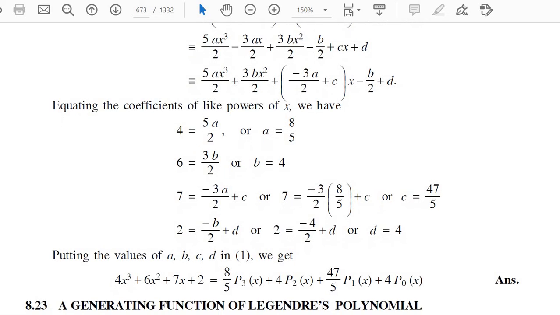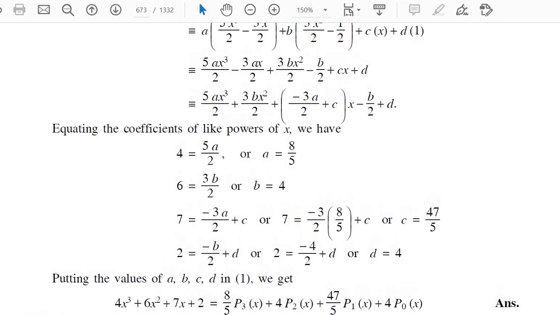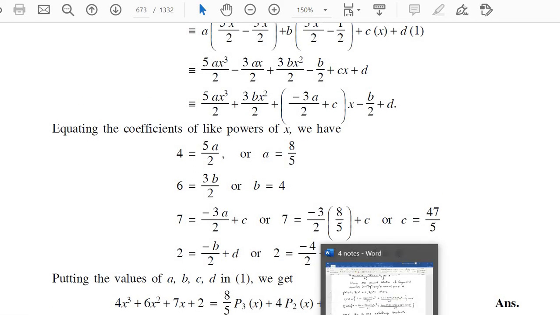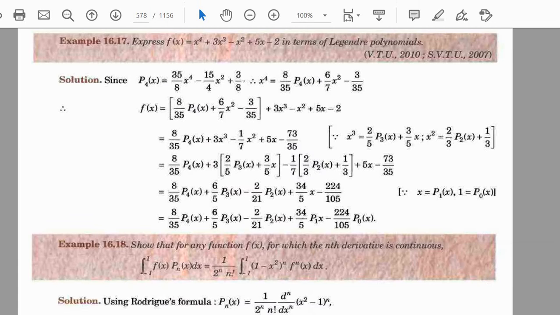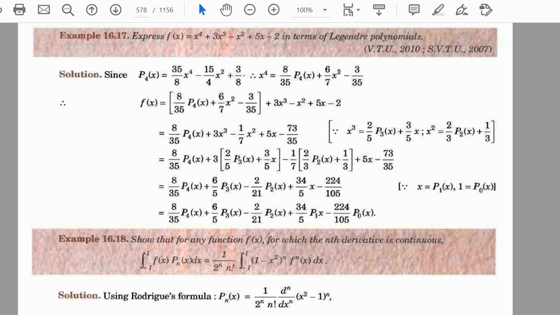And if you come to the other way that is given in Grewal, you can see here, express this polynomial in terms of Legendre polynomials. So p4 is written in this way. Here he has written p4, but he is expressing x to the power 4 only using p4. He is not expressing this x square in terms of p2 and p0.